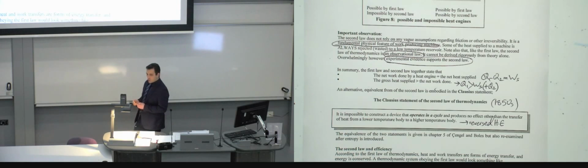This essentially refers to the reversed heat engine, not the reversible, the reversed heat engine. This is the one which is opposite to the direct heat engine. This is what you would get in a refrigerator, or in a heat pump.